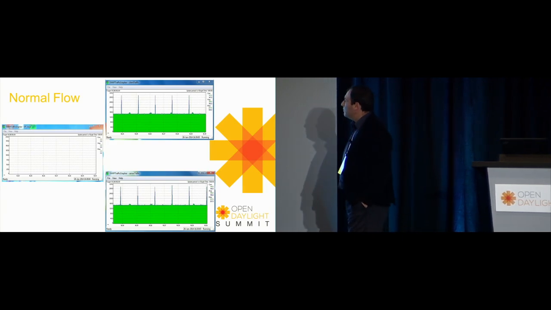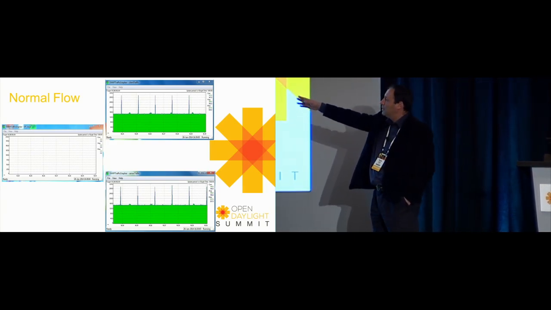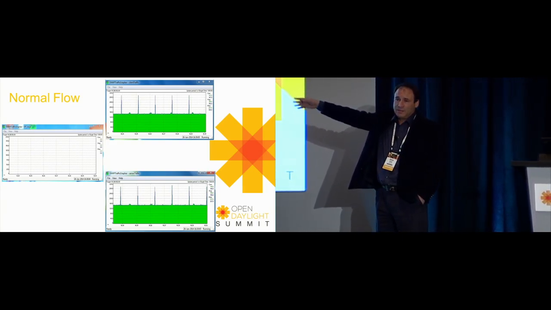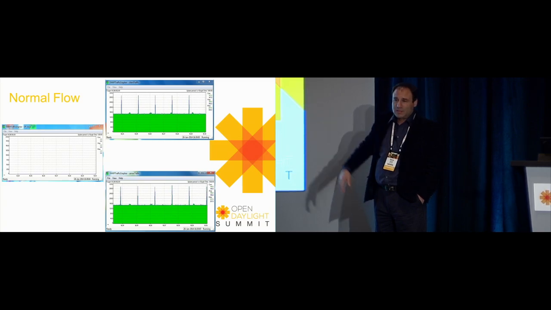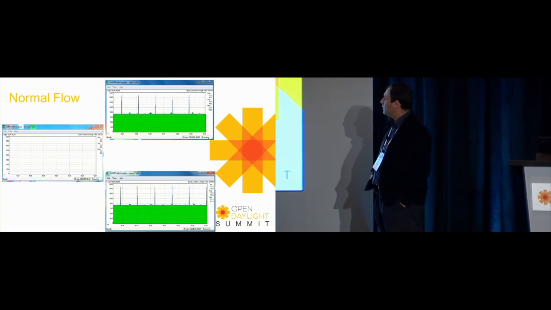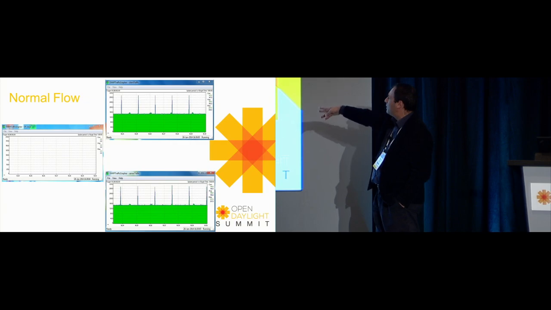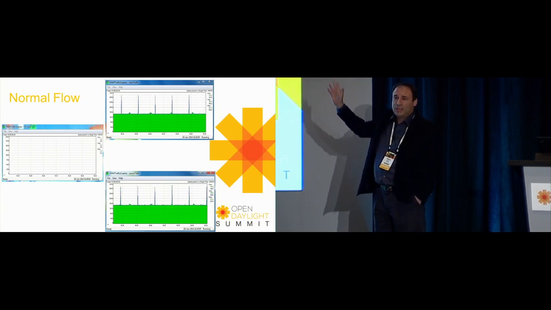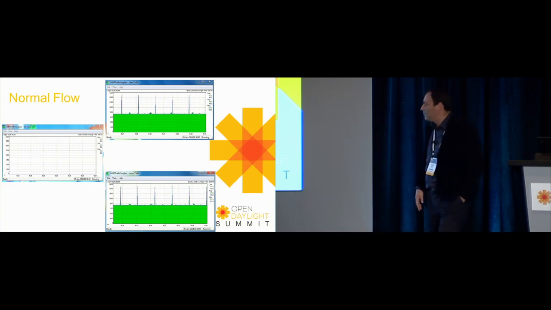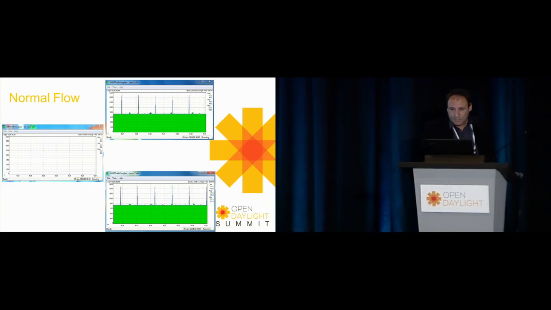As you can see, in normal time the mitigating device is silent. Traffic flows from client to server, and you can see the same incoming as well as returning rates of the traffic.